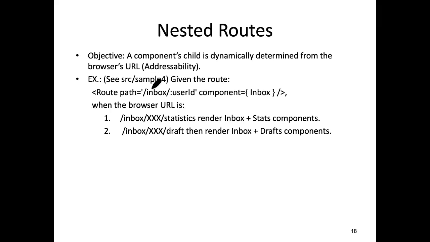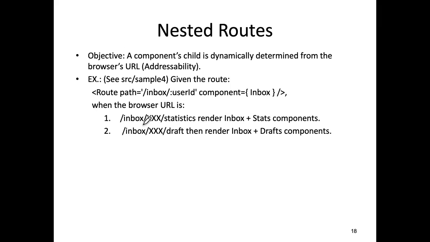So to apply it to our little case study, this is one of our standard routes that we have at the moment. But supposing the URL address could actually look like this, in other words, there's a /statistics part. If the URL is like this, then we want both the inbox and a stats component to be mounted onto the DOM, so the stats component is going to be a child of the inbox.